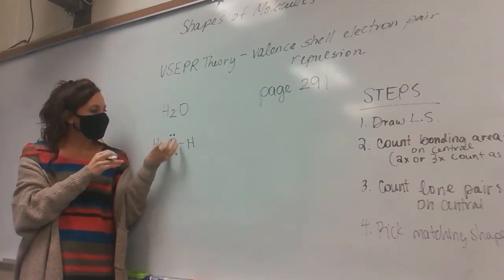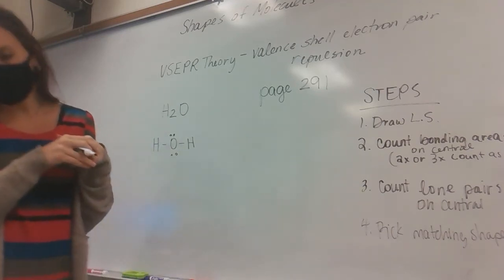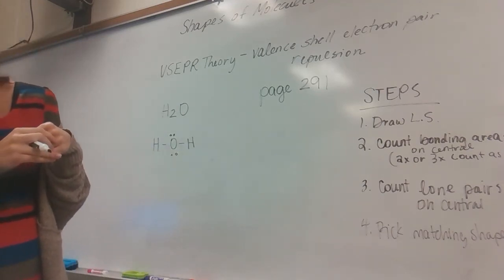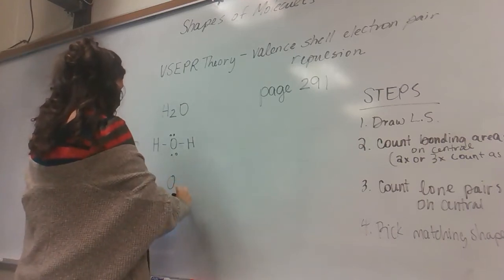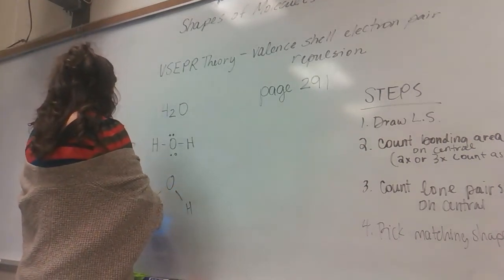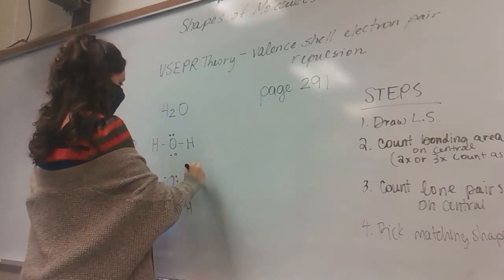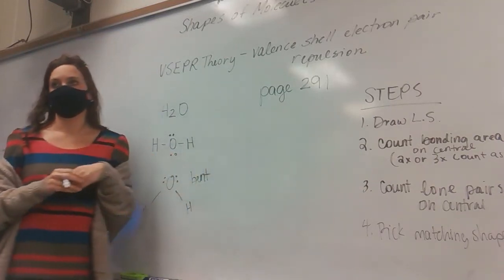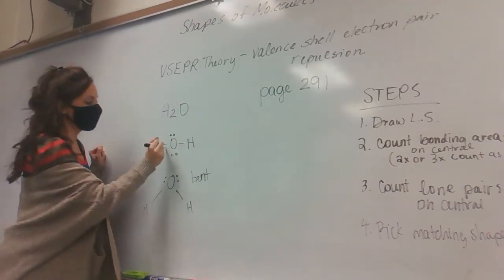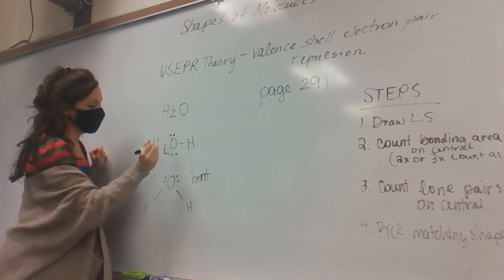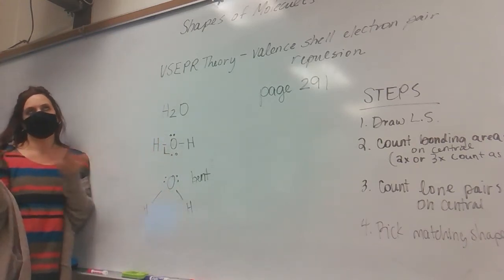But there's a lot of repulsion coming from these lone pairs. So if you look at the table, if it has 2 bonded atoms and 2 lone pairs, it's actually what we call bent, with those 2 lone pairs sitting on top. Instead of being 90 degrees from bond to lone pair, now it's a larger angle, 109.